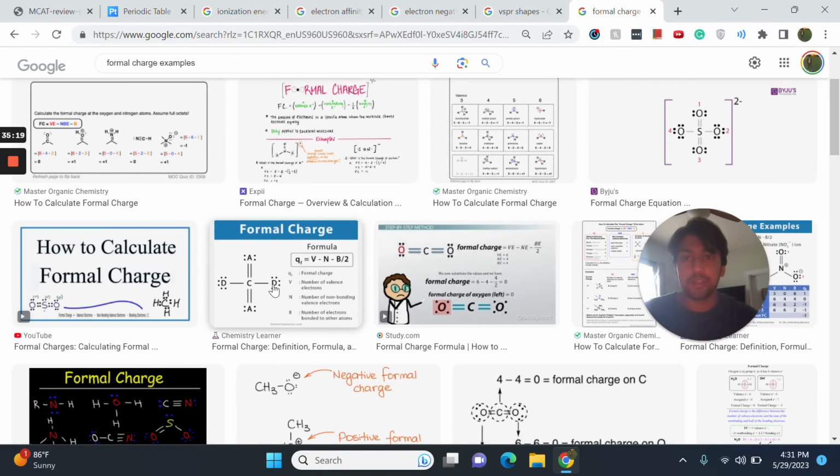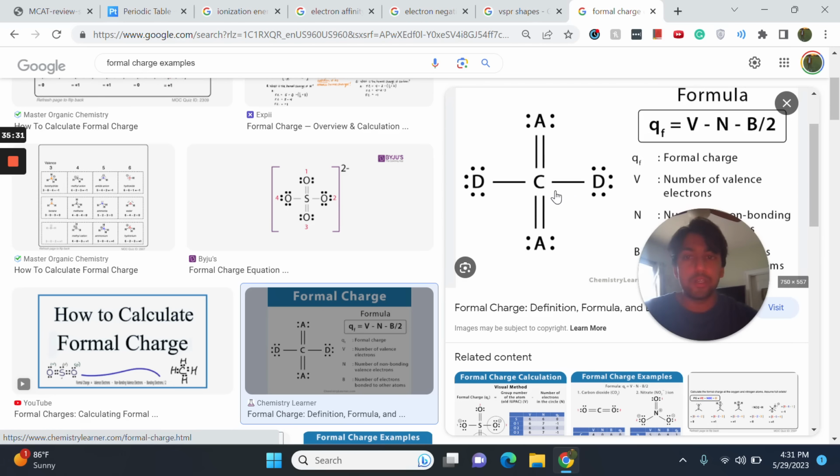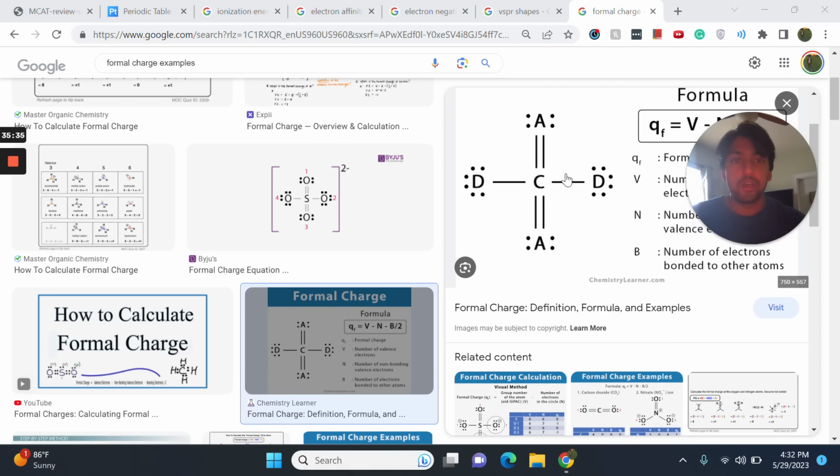And so when you have a bond, you give 1 electron to this atom, and when you have lone electrons, you give each electron to that atom, right? So the formal charge: this carbon has a formal charge. You can see that there's 1, 2, 3, 4, 5, 6, right? There's 6 bonds here. So we give 6, and there's no lone pairs here.